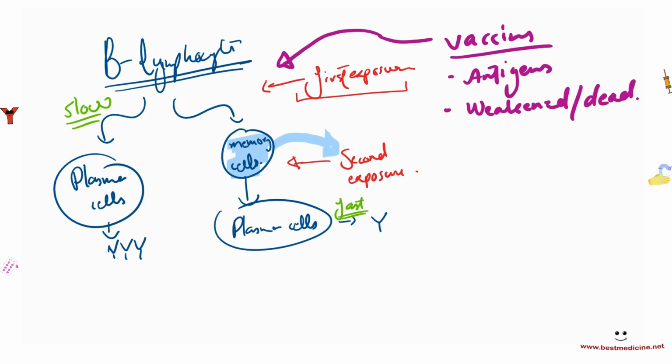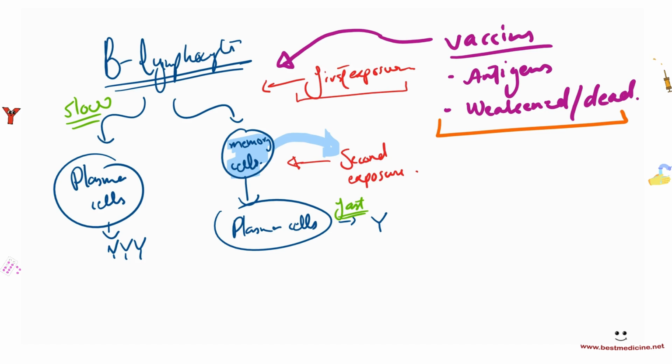That will cause the first exposure response, which will cause production of memory cells, and then you will have those memory cells after the vaccine. So that is how vaccinations work. They treat you with either the antigens of a known pathogen or the weakened or dead pathogen itself, so that you're able to make memory cells for it. If the real pathogen comes in, your system is already ready for it, and you get a very fast response.